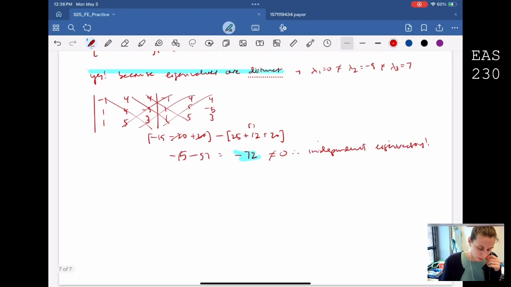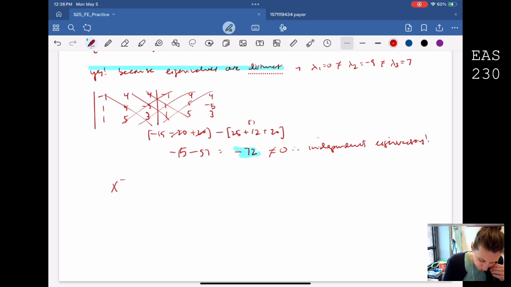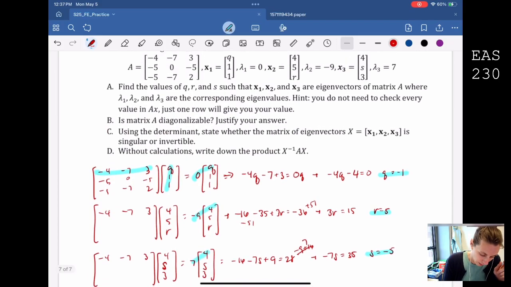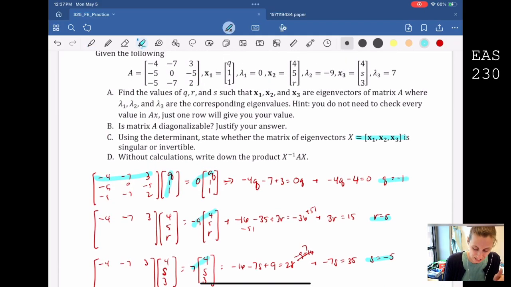Okay, without calculations, write down the product of x inverse A x. This will be equal to capital lambda, which is my diagonal matrix with my eigenvalues along the diagonal. Note, it says x is in this order, x1, x2, x3.